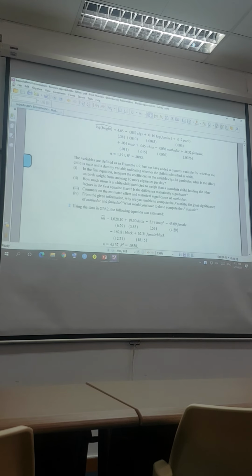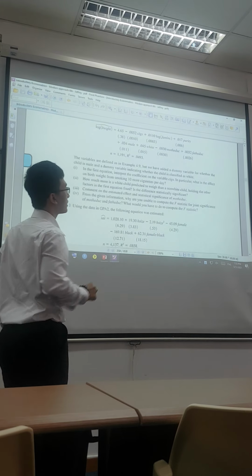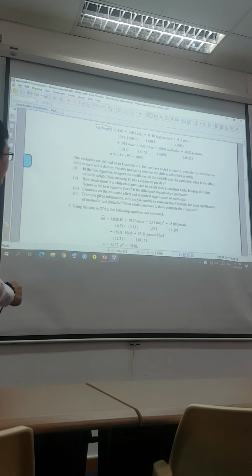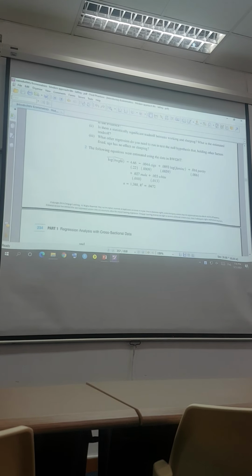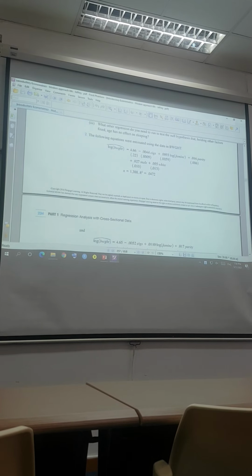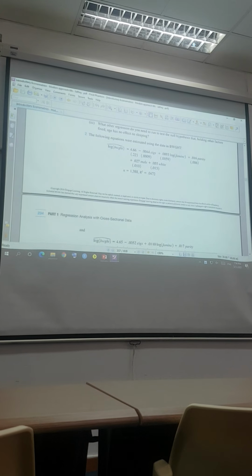Okay. Second question: how much more is a white child predicted to weigh than a non-white child, holding the other factors in the qualification space? So how much a white child will gain more or less than a non-white child? White child. More or less than? More.